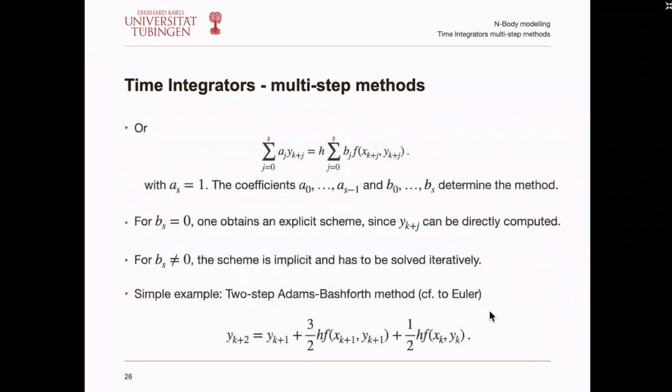If you write this as a sum, you end up with such a term with the first coefficient equal to 1, and the choice of these coefficients determines in principle the method. The order of the method is the number of previous sub-steps that you use to calculate the new values. So for b_s equal to 0, you get an explicit scheme.